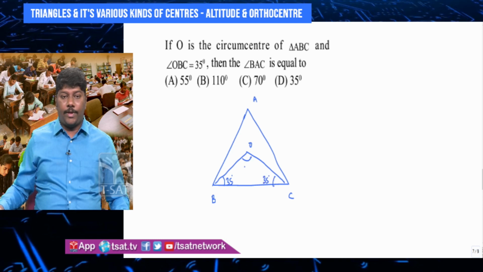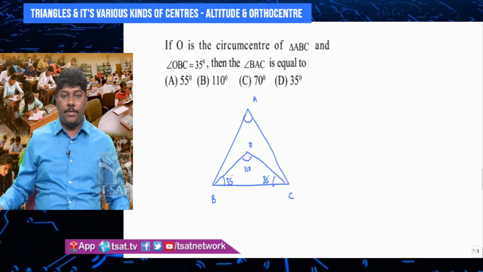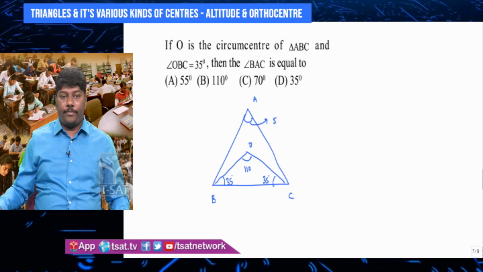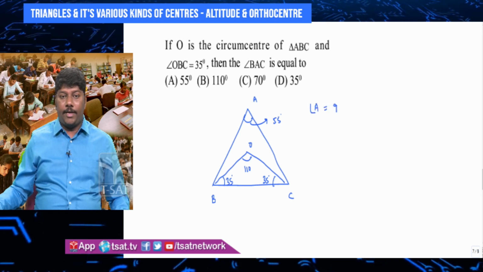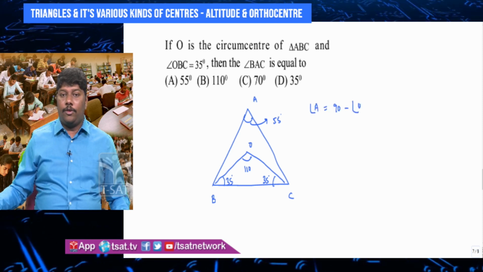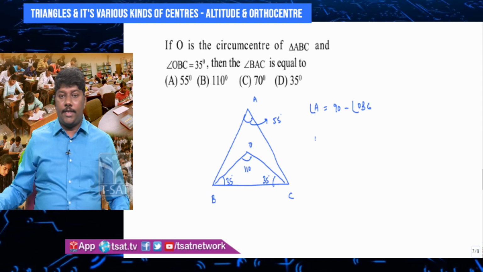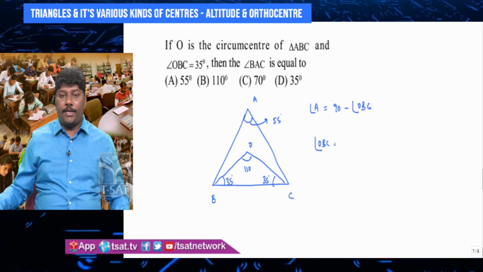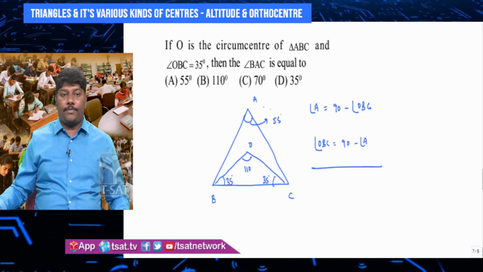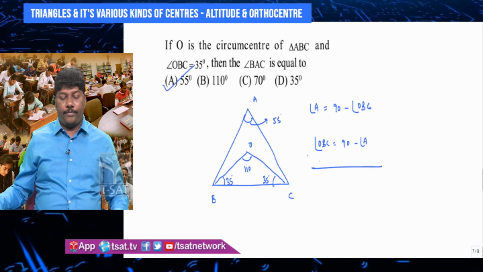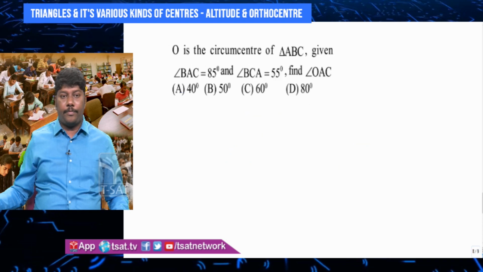Therefore, 70 means the remaining is 110, therefore this becomes 55. Or else you can say angle A is equal to 90 minus angle OBC, or angle OBC is equal to 90 minus angle A, vice versa. If it is 35, the rest of the angle is 55. Just now we have derived it.